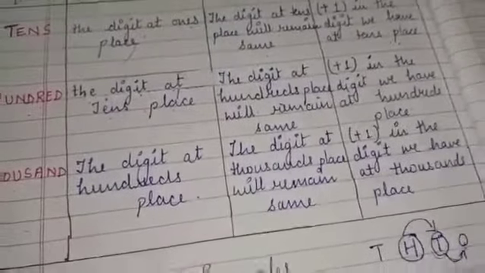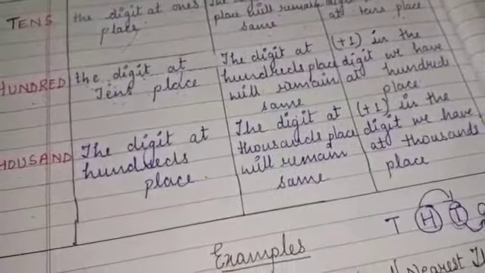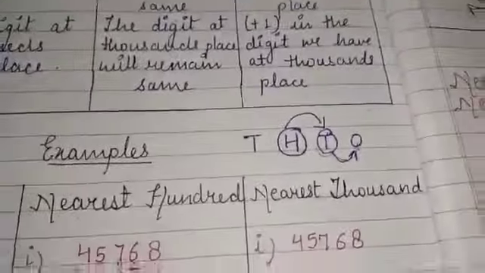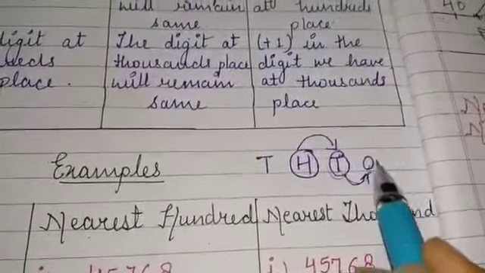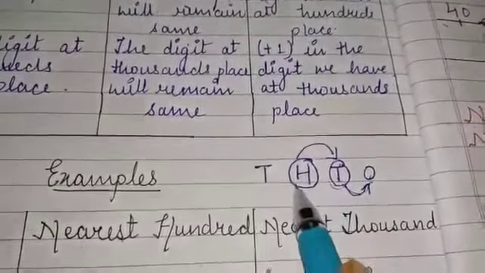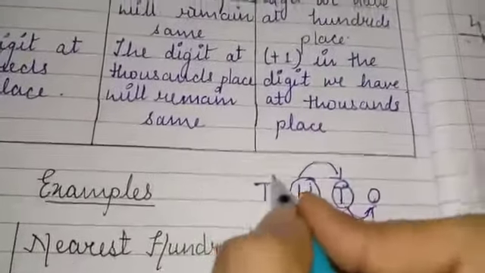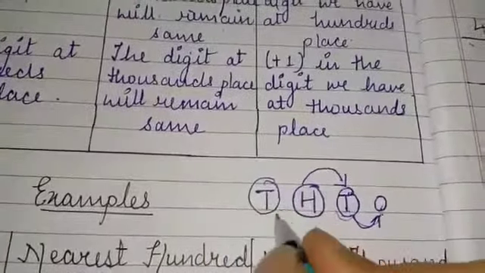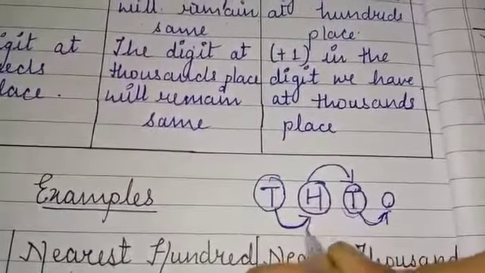First, we will look at the digit we have at hundreds place. Now see, while doing nearest tens, we look at the digit we have at ones place. Okay, while doing nearest 100, we see the digit we have at tens place. Okay, and while doing nearest 1000, we will look at the digit we have at 100 place.